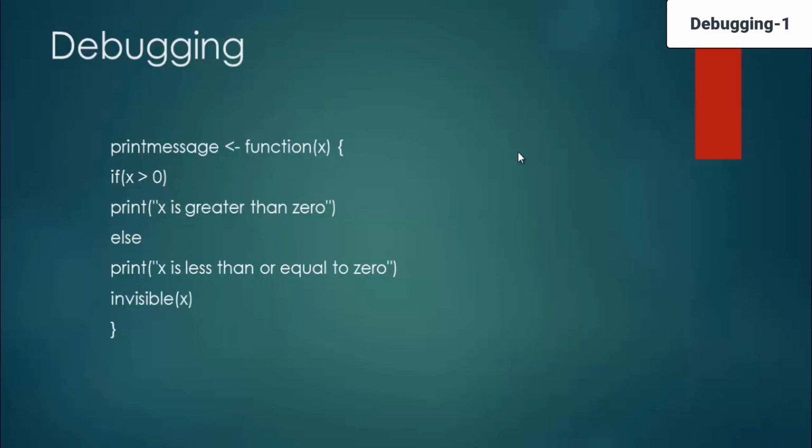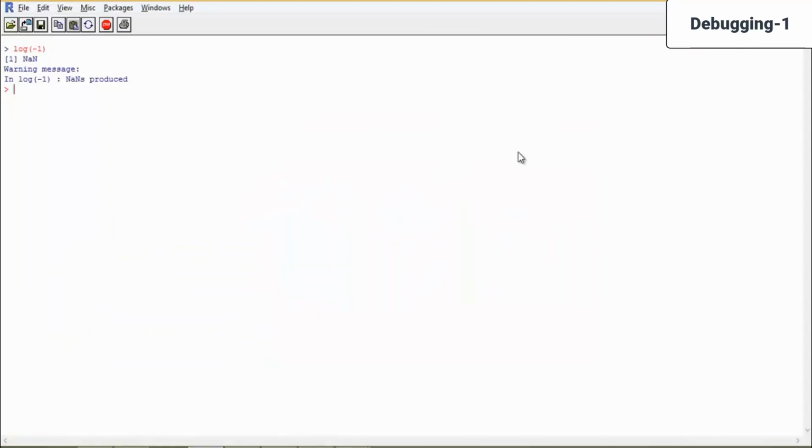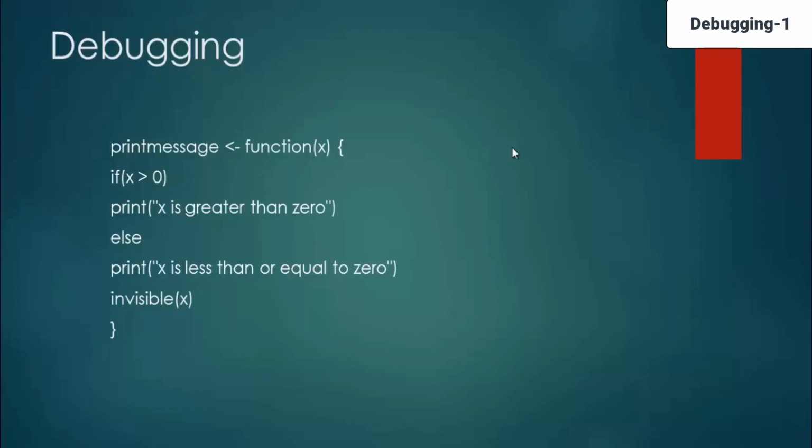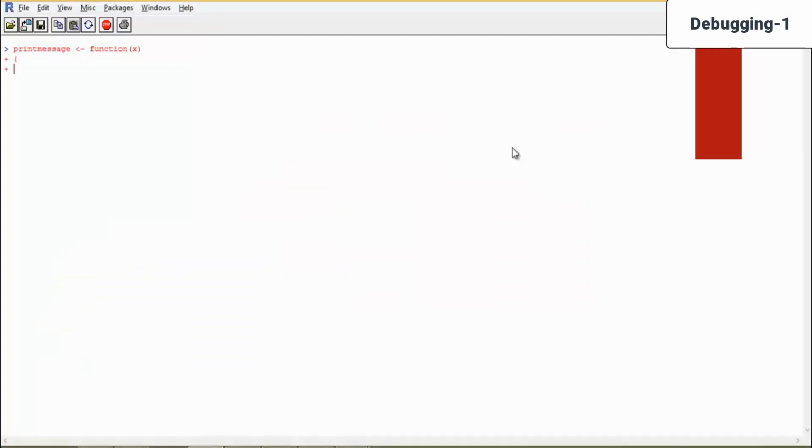We'll see a small example where there is a function. Let's say we create a function called print message, which will take the variable x. The plus symbol that comes here means the function is not yet complete, and when you put a closing curly bracket, the function will close.